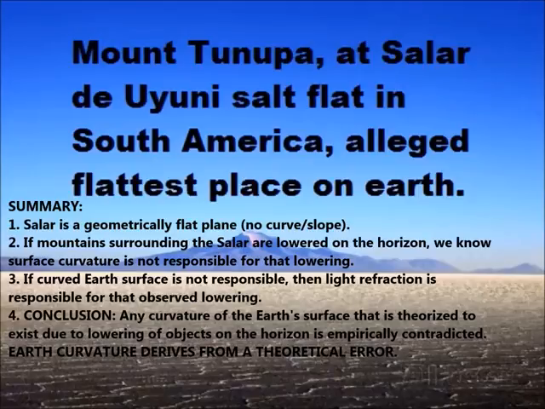Because if in this flat surface we have refraction in that sort of amount, that means refraction can account for the lowering of objects on the horizon to the extent that it can account for the lowering of the Sears Tower, and therefore only light refraction would be needed to account for the lowering of objects on the horizon, not curvature. So you might want to play that last minute back so you can get all these points set in your mind as we go forward.